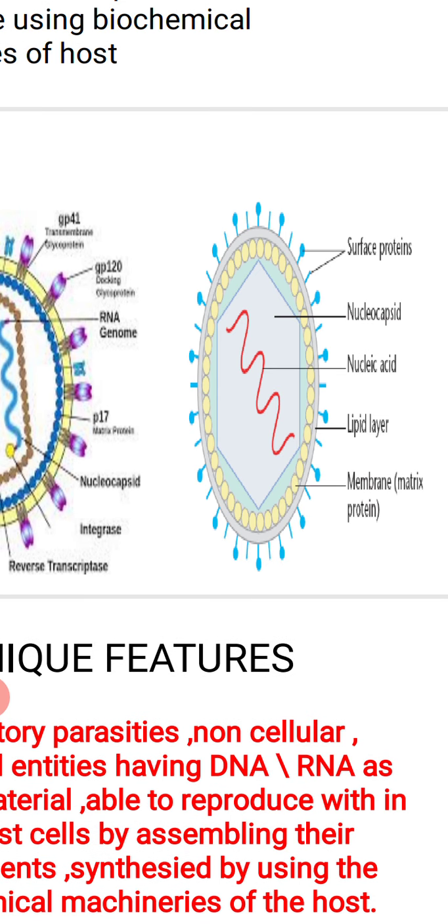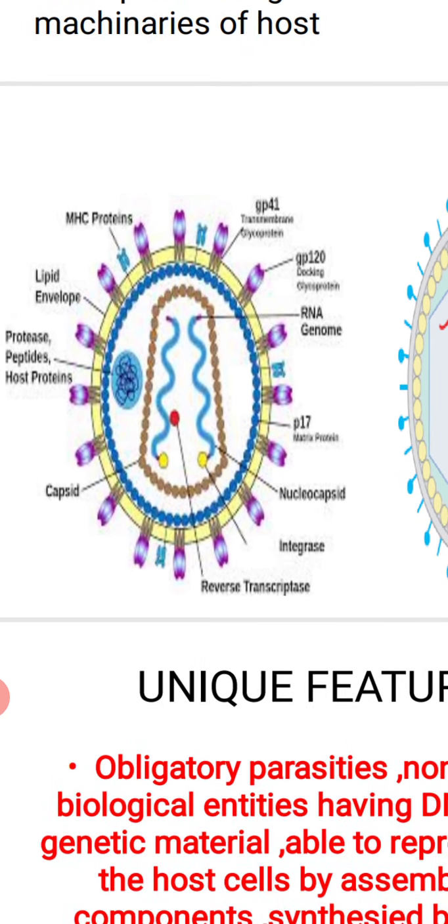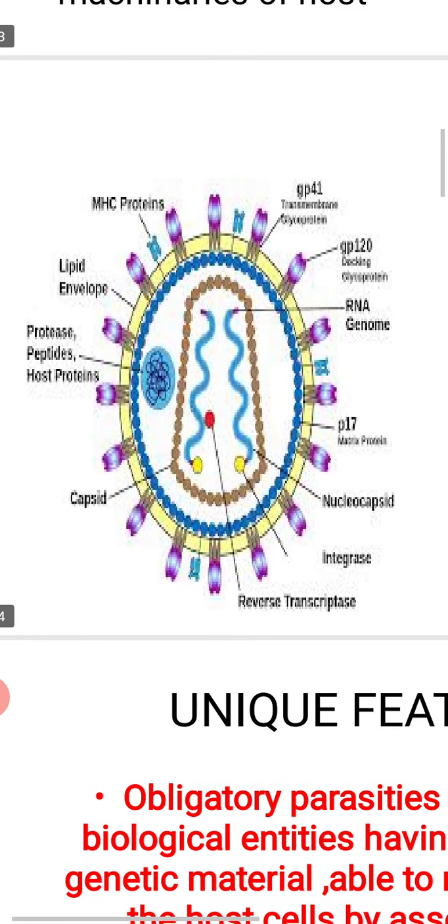You can see here the spikes protruding out from the surface, and there is nucleic acid, surrounded by a nucleocapsid, and then a lipid layer. And this virus is a retrovirus, the virus of HIV, which causes AIDS.